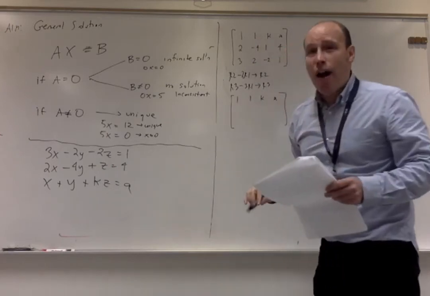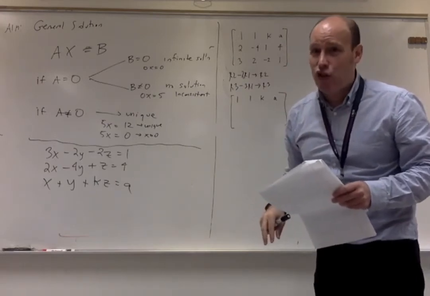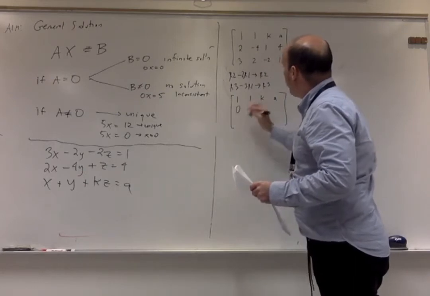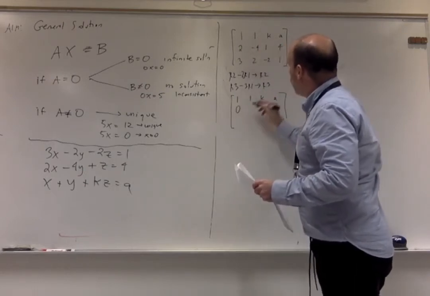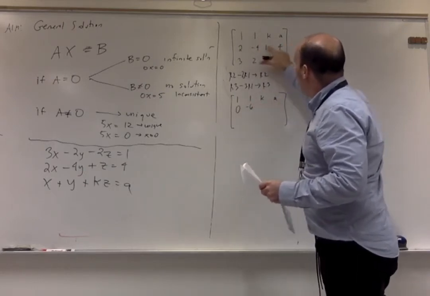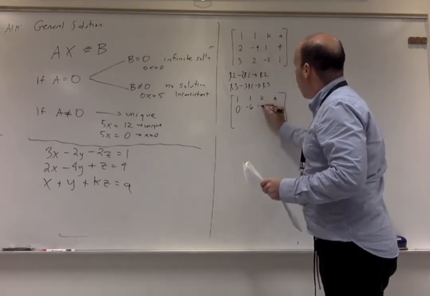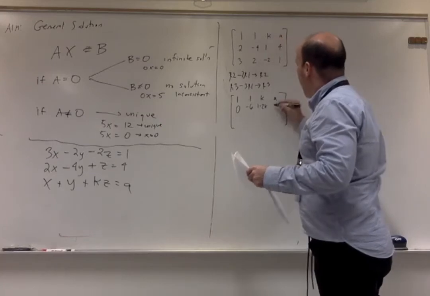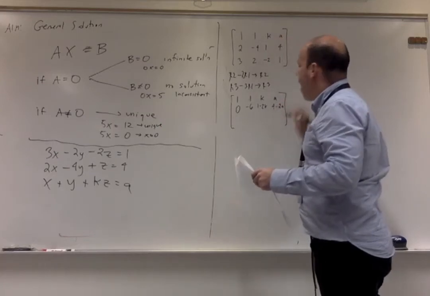Ready? 2 minus 2 is 0. -4 minus 2 is -6. 1 minus 2k is 1 minus 2k. 4 minus 2a is 4 minus 2a.